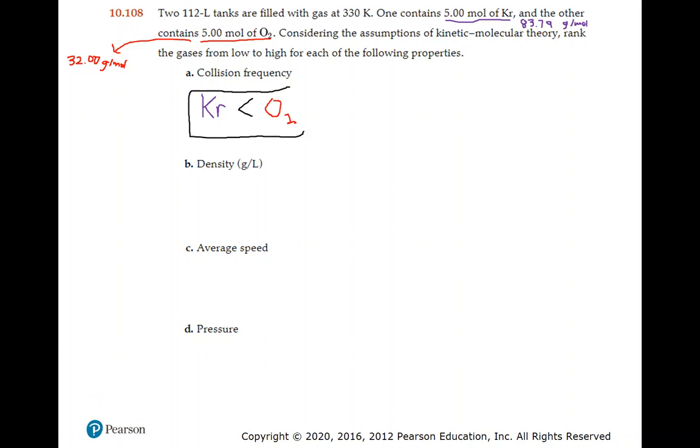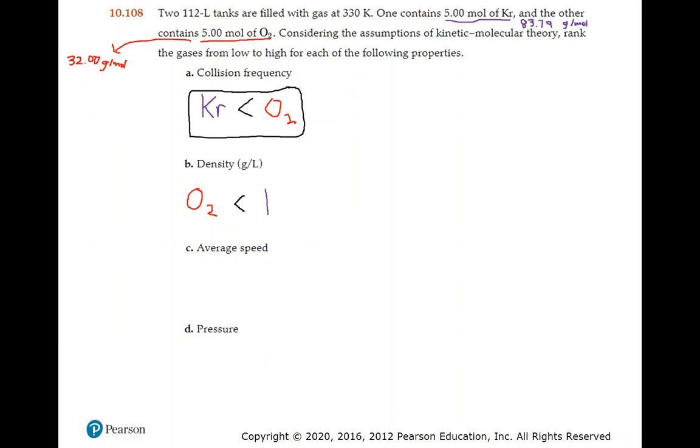For B, we have density in grams per liter. Now, we just said that the molar density of both gases is equivalent, so the same number of gas particles for any given unit of volume. However, we've also previously stated that the gas particles in krypton weigh quite a bit more than they do in oxygen. So the oxygen gas will be less dense than the krypton gas will.